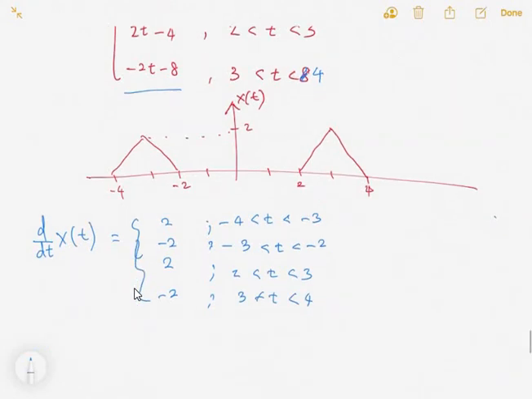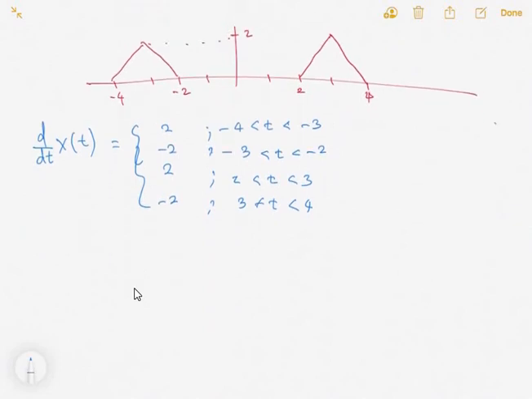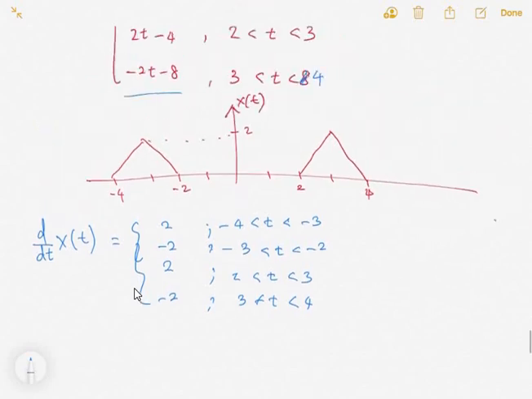Okay, so if you draw, what is actually this one? From negative 4 to negative 3, this actually is a unit step. I just draw it here in a different color.